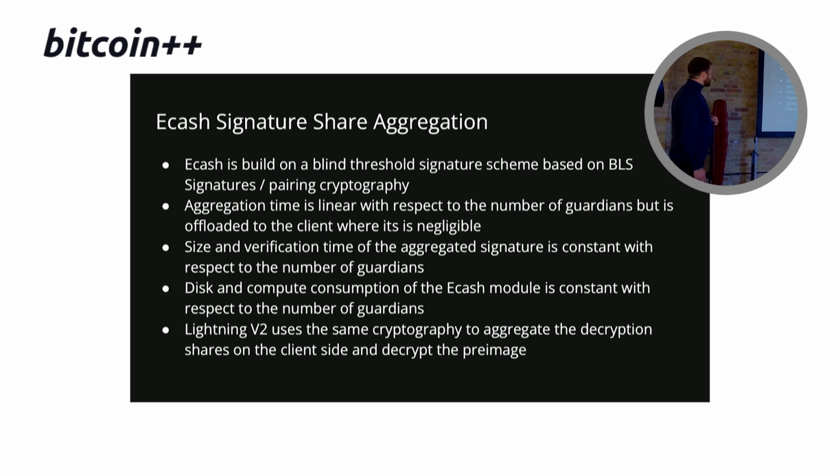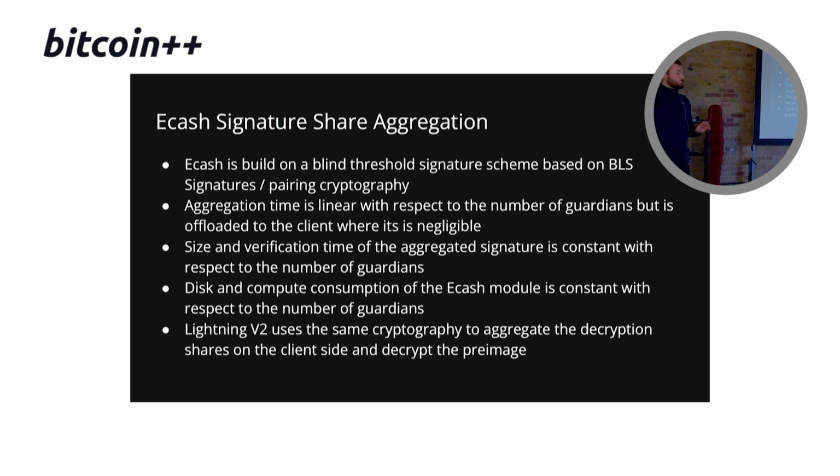That is possible due to us building our cryptography on pairing cryptography, specifically BLS signatures. That is, in terms of timelines of cryptography, relatively new, developed over the last 20 years, and it is very practical.